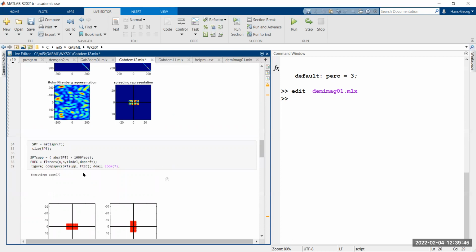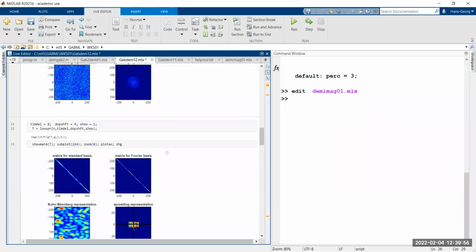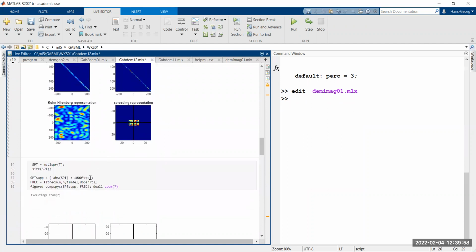So I was saying, well, this is the rectangular filter that I do with these 2 parameters, time and frequency. And then I do the other thing, which is I take from this operator the support, which is just computed now. It's not the original one used for construction. I say, because it's random, I take this spreading domain of this, that's the picture here, and I take those where the absolute value is bigger than 1000 times the epsilon.